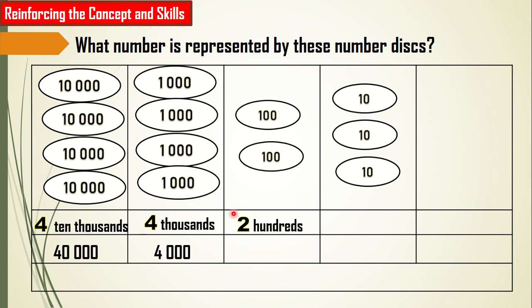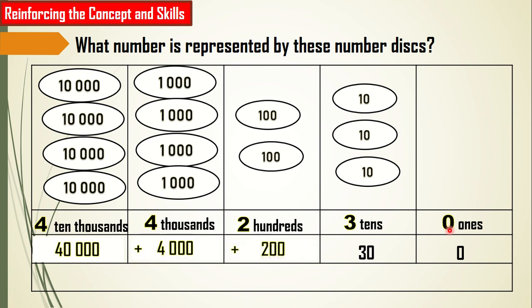We have 2 hundreds. 2 100 discs is 200. We have 3 tens, and 3 tens is 30. Here we have no ones. No ones is 0. Therefore, 40,000 plus 4,000 plus 200 plus 30 will give you 44,230.